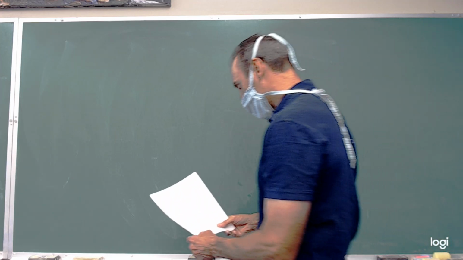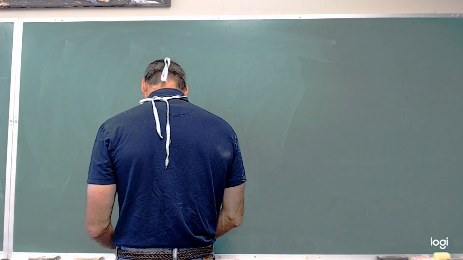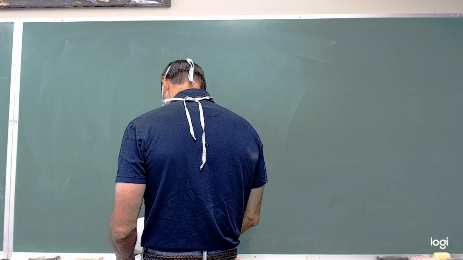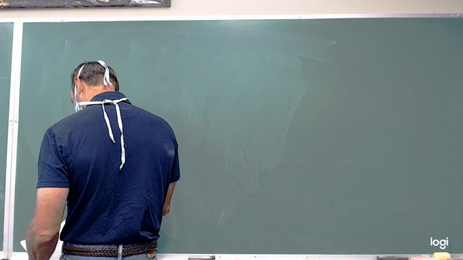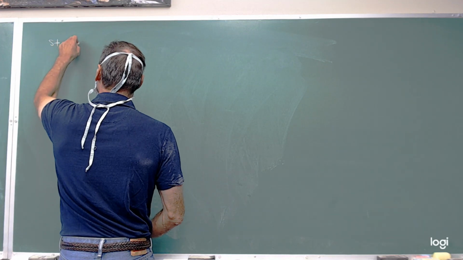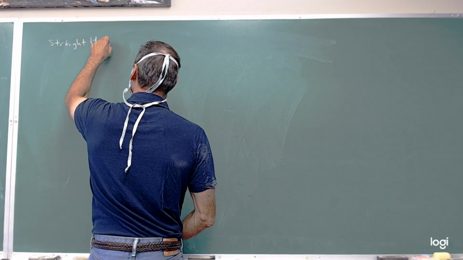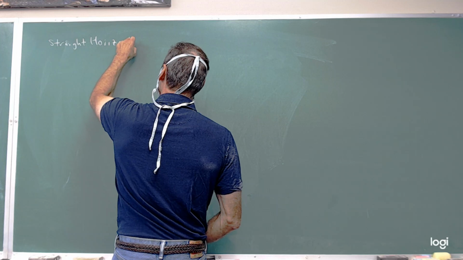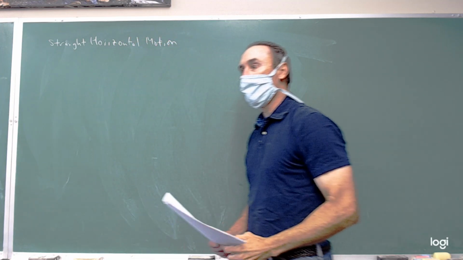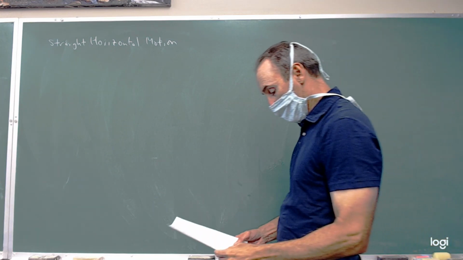So first, let's say I got a few of these. Straight horizontal motion. So the idea is we can do some pretty cool problems with parametrics and using our graphing calculator.